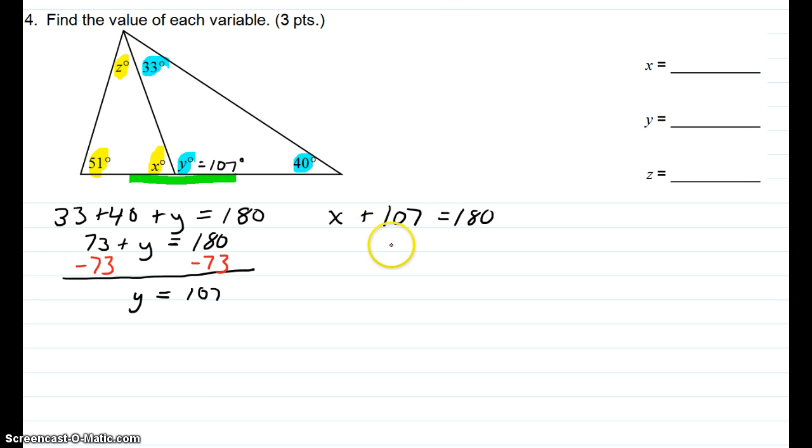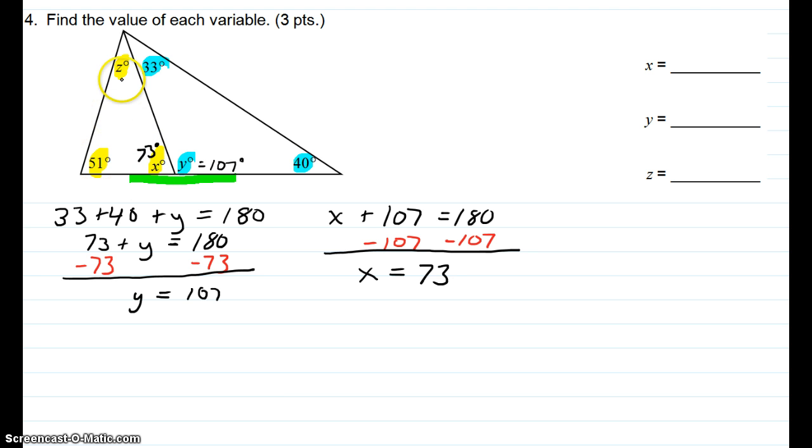So when we solve this, we subtract the 107 from both sides. We get x equals 180 minus 107, which is 73. Now I know that this is 73 degrees.